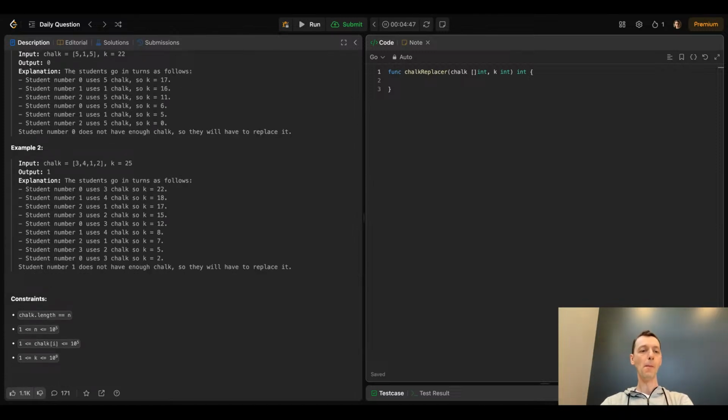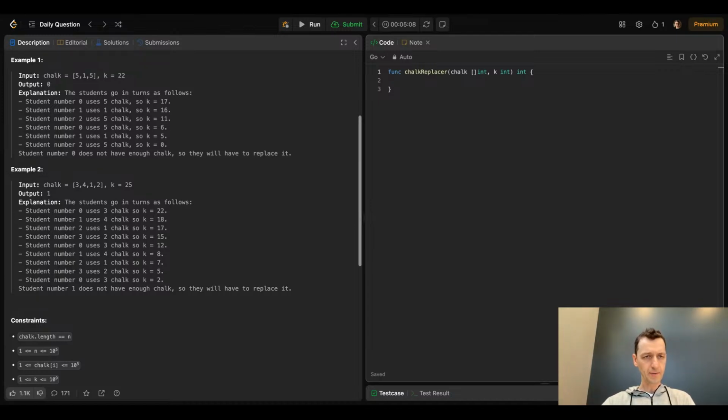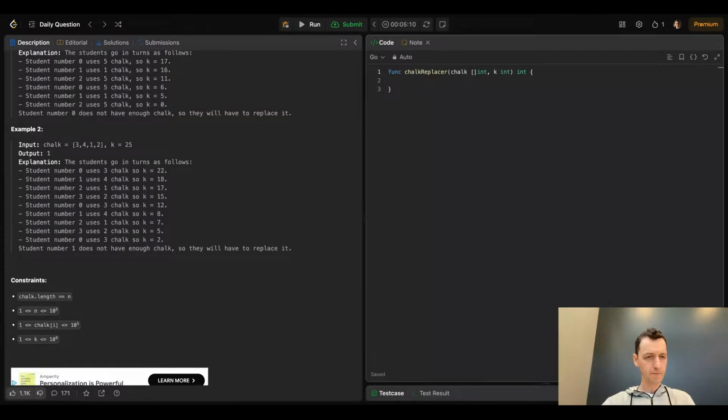Okay, so constraints. n is up to 10 to the 5, from 1, so there is at least one student. N is the number of students.